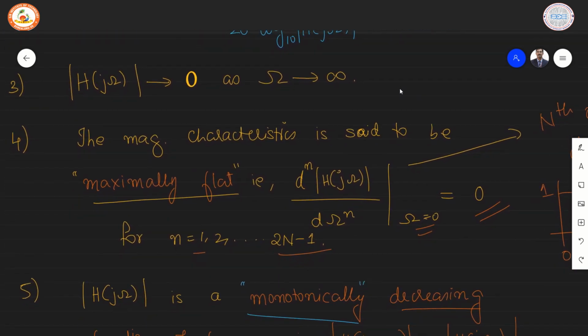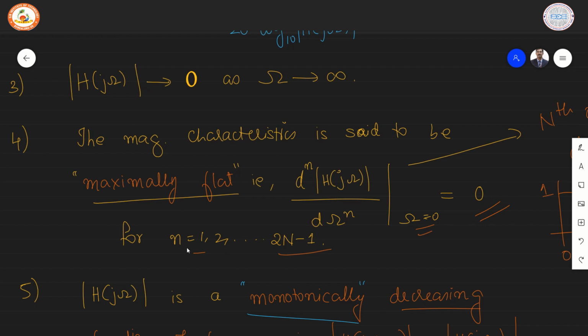Point number 4. The magnitude characteristic is said to be maximally flat. It is said to be maximally flat if the nth order derivative of the magnitude of H(jω), when we apply omega equal to 0, the answer should be 0.